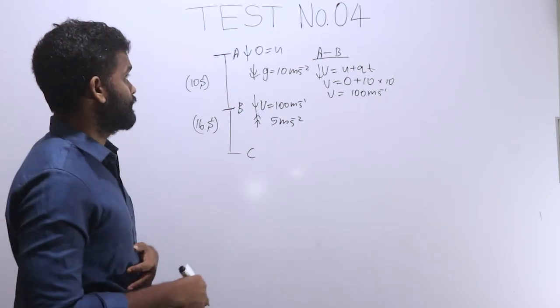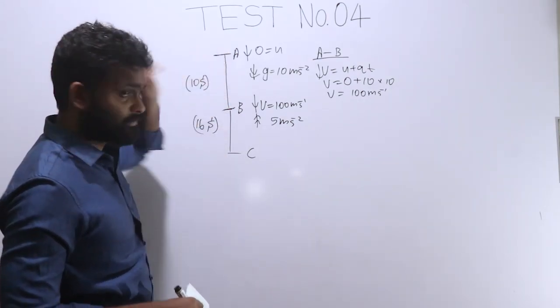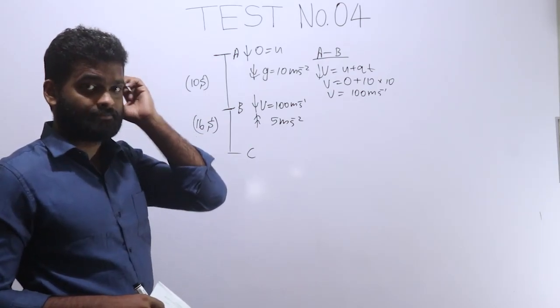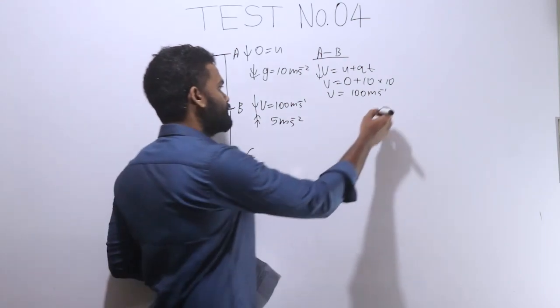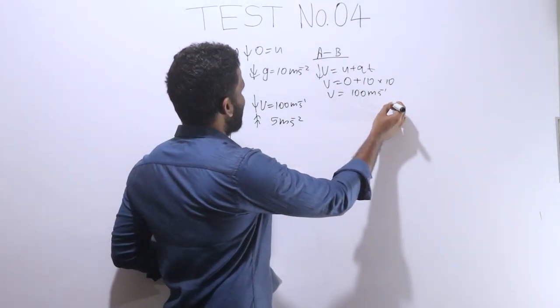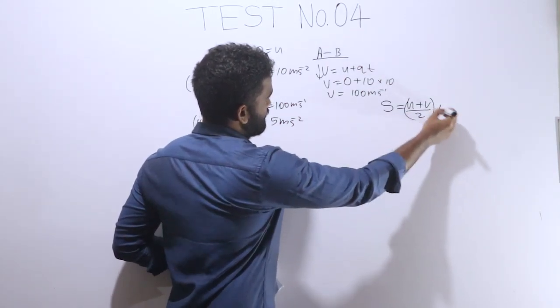Okay, then I'll find this distance, that means AB. For that, I'll simply use this one, I think this is easier: s equals (u plus v) divided by 2 times t.